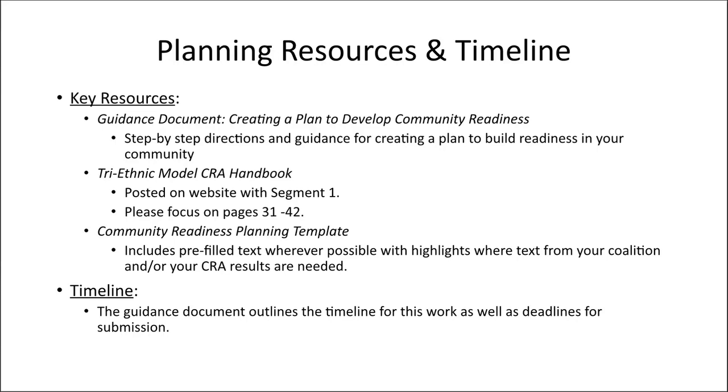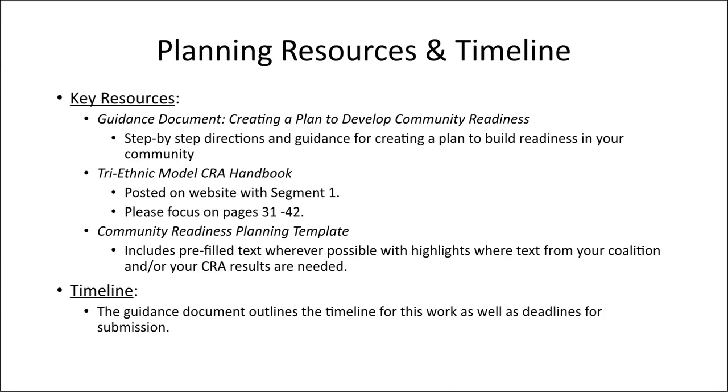You've got the Triethnic Model CRA Handbook. This was posted on the website with Segment 1. And as you think about these approaches, please reread and focus on pages 31 to 42 in the manual. They're very helpful, and they provide a lot of guidance on approaches and also how to select them.